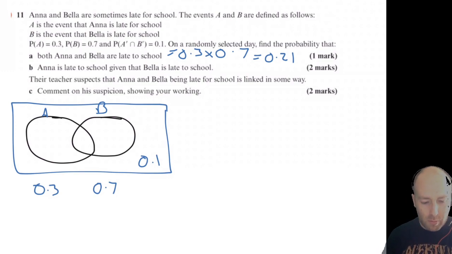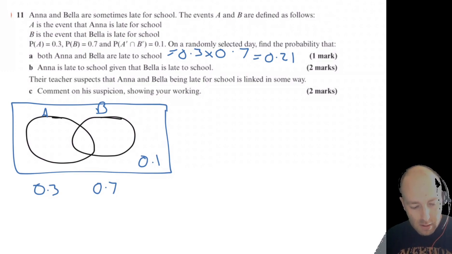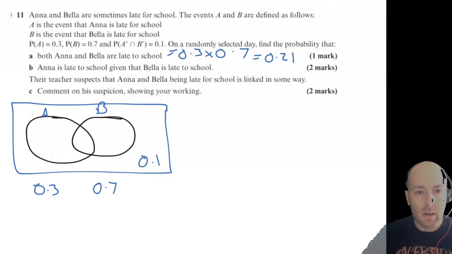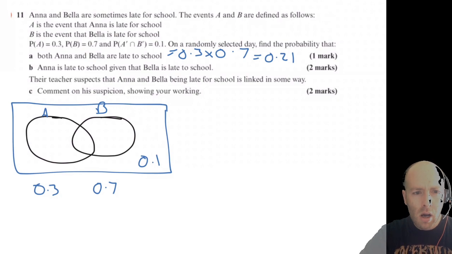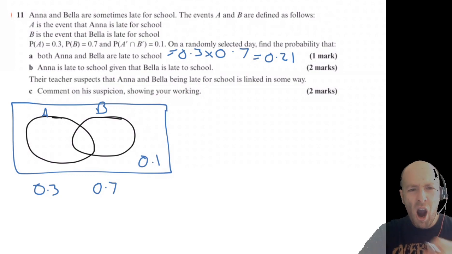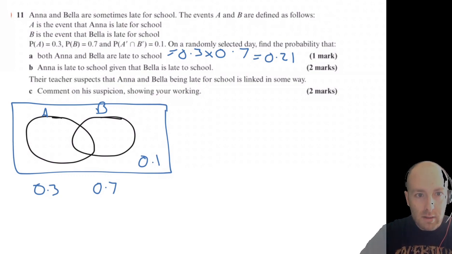Yes, I think all the way through we're having to assume that both of these students are independent. We're having to assume that so that we know what the intersection is for this one. So let's try and work it out.